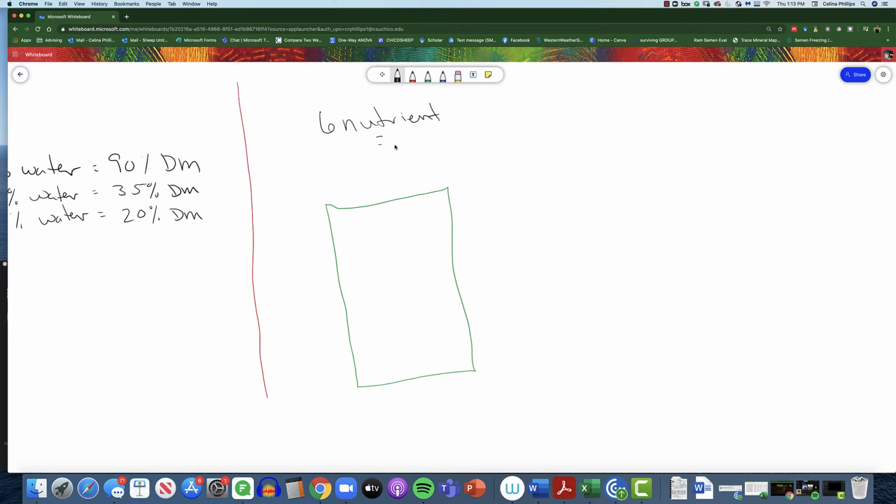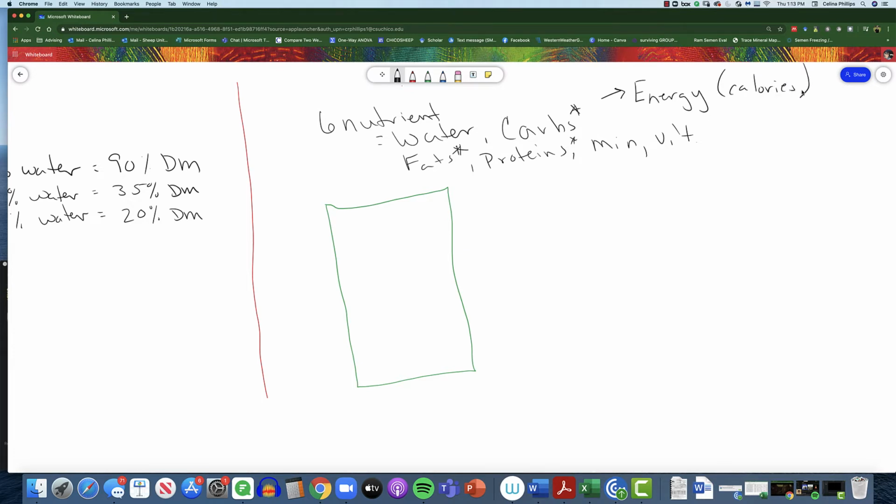These are going to be things like water, carbohydrates, fats, proteins, minerals, vitamins. We need to remember that carbs, fats, and proteins supply energy, calories, to our animals.